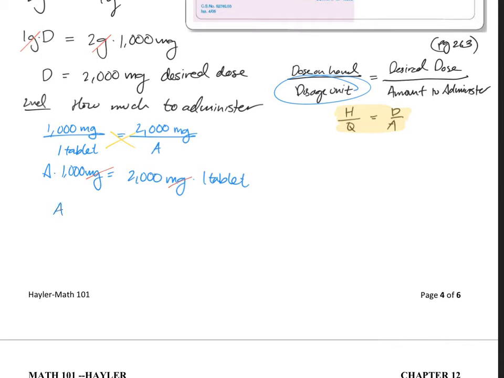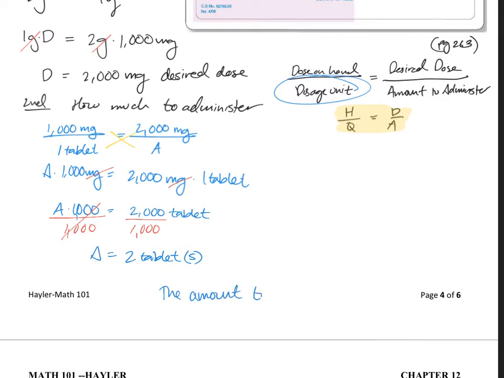So then we have A times 1,000 equals 2,000 times 1, which is just tablet. 1 times 2,000 is just 2,000. We can divide by 1,000. 2,000 divided by 1,000 is A equals 2 tablets. So there we go. That is the amount to administer. The amount to administer is 2 tablets.